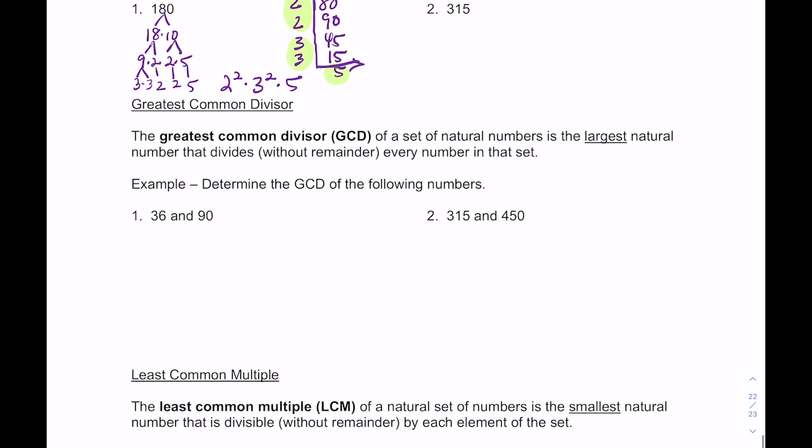Another important concept is this greatest common divisor, right? Which is the largest natural number that divides without remainder every number in that set. Okay, so what's the largest number that will go into 36 and 90, for example? So there's a couple ways you could do this.